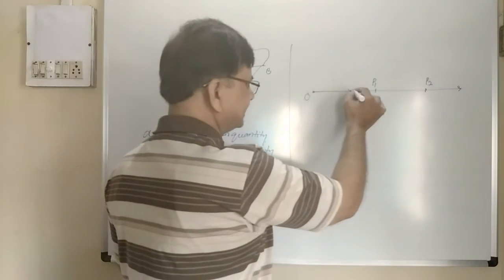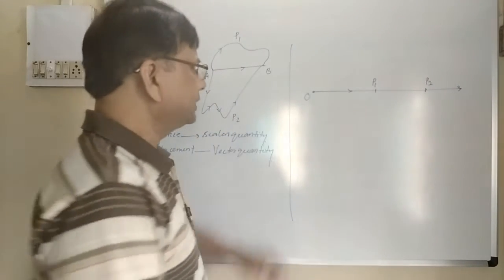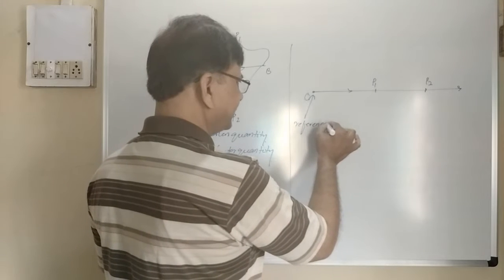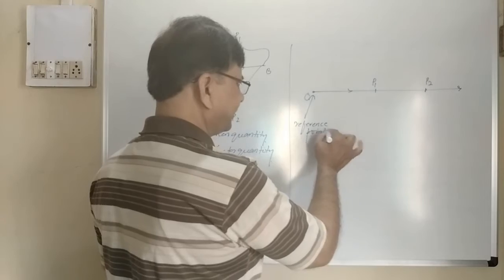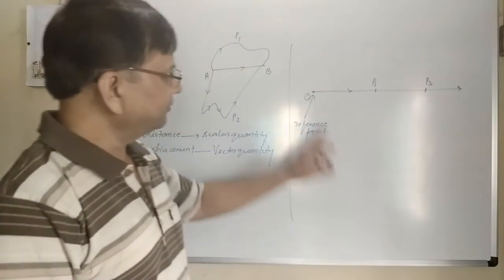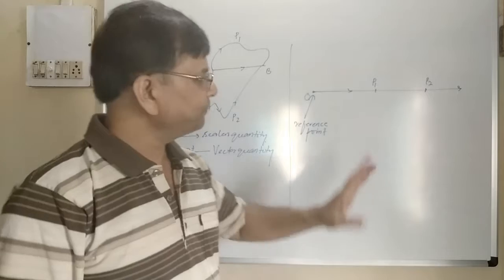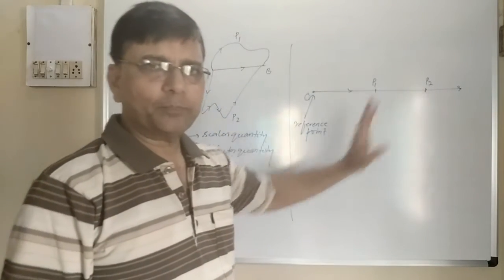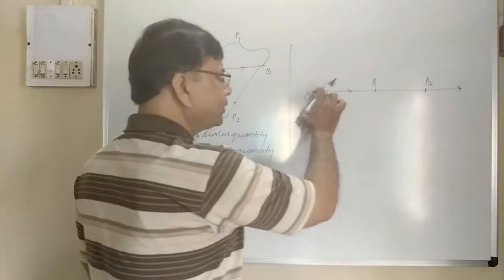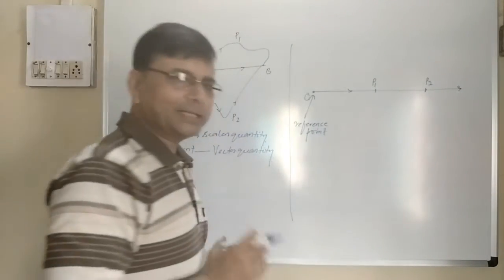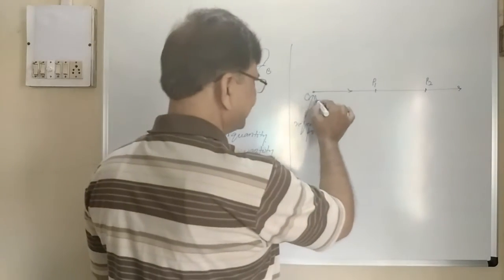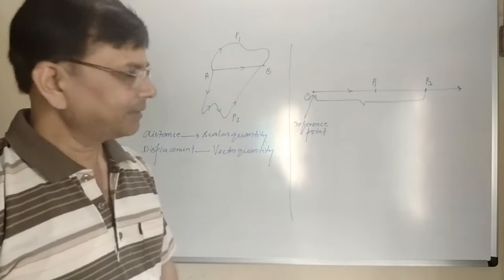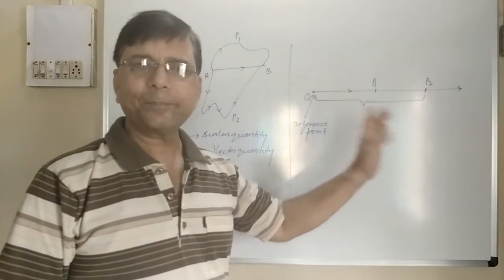Motion is along this line. O is the reference point, about which I have already discussed with you. From here all the measurements are done. So it goes from O to P1 and then up to P2. From O to P2, what is the distance? This length. This is the distance, because this path is being followed by the object.